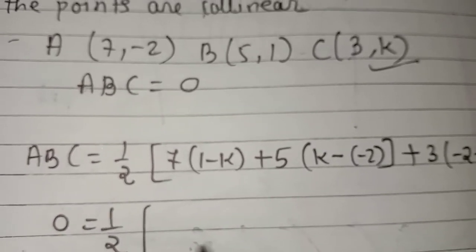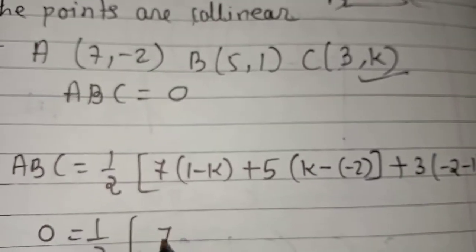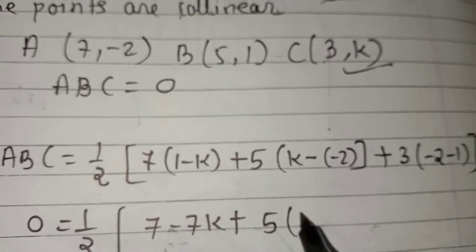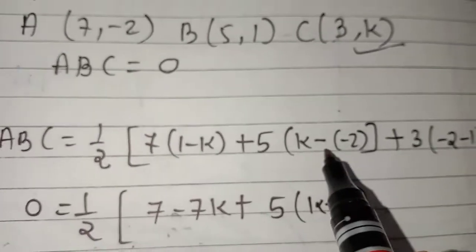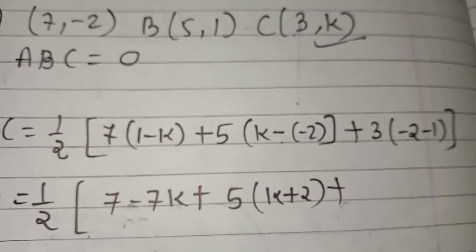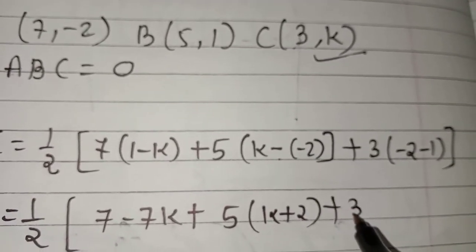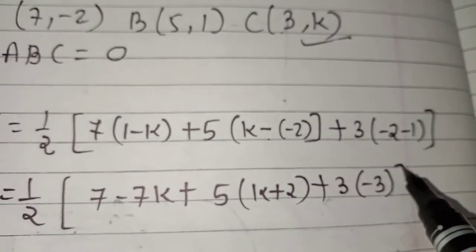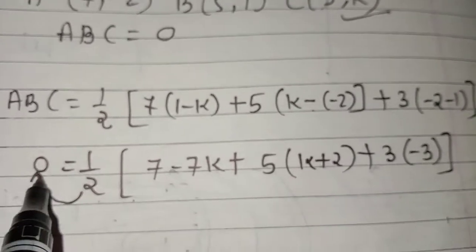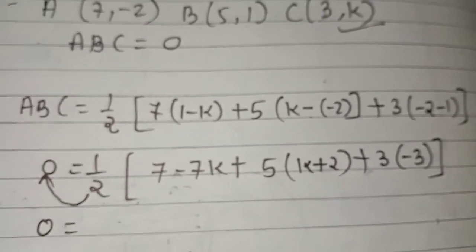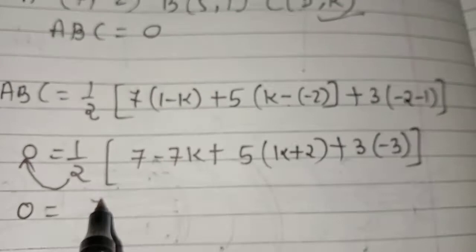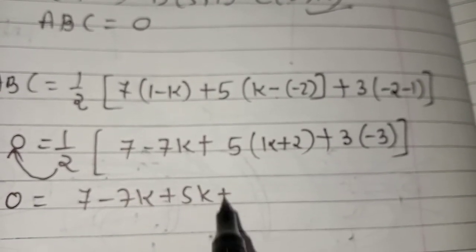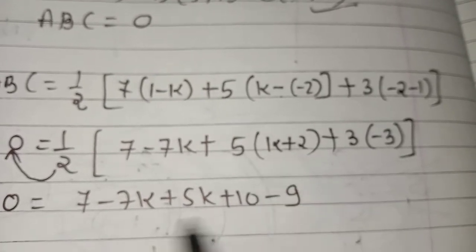It is half. What I will write now: 7 minus 7k plus 5 times (k plus 2). Why? Because minus minus is plus. Plus 3 times (minus 2 minus 1), that is minus 9. Now the half will go across, it will become 0. 0 is equal to 7 minus 7k plus 5k plus 10 minus 9.